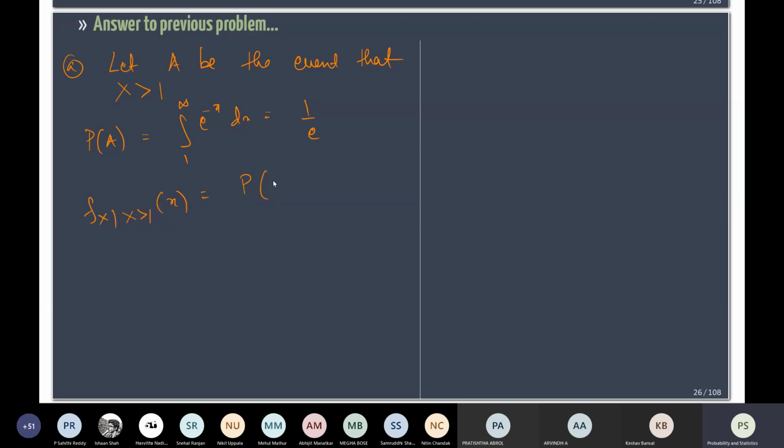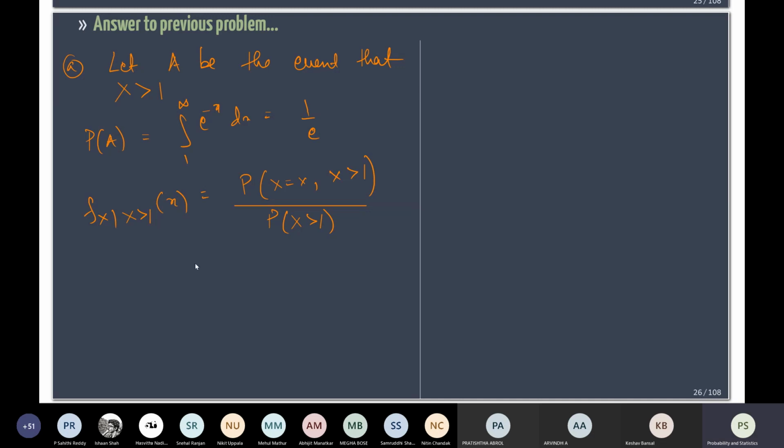This would be the PDF of x equal to x given, and then the joint, and then x greater than 1, divided by the probability that x greater than 1.